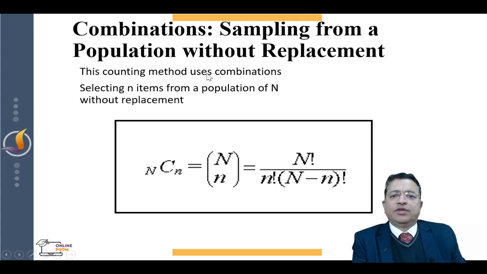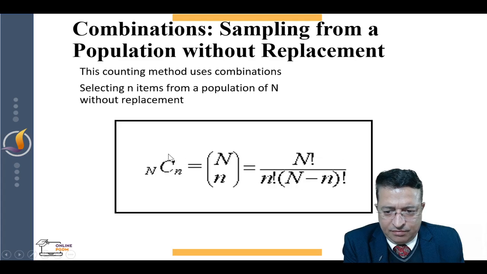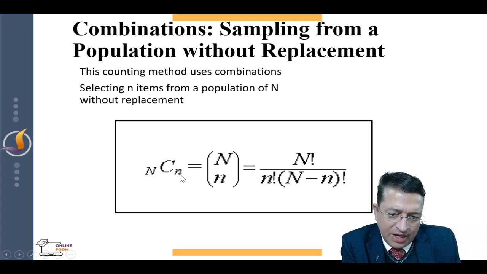And when we talk about sampling without replacement, you must have studied this combination formula. We can calculate sampling from a population without replacement by using it. For example, we have a population of size N and we want to take a sample of size n. How many samples can be taken?